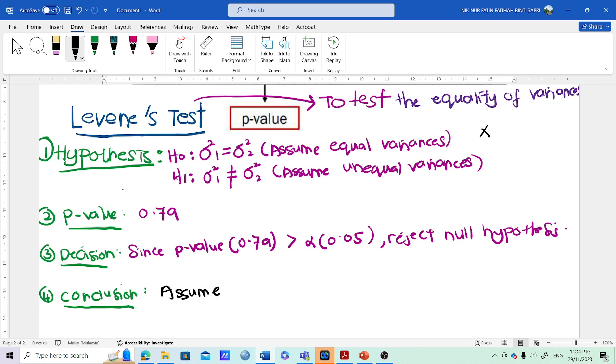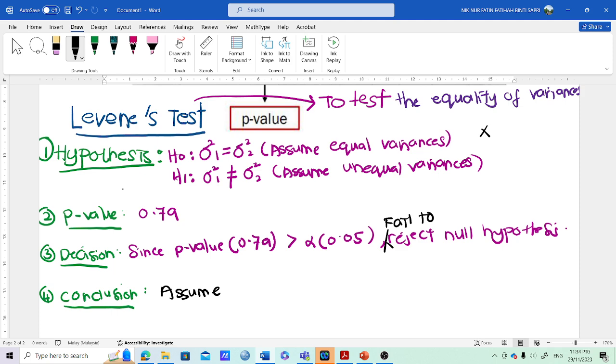If you fail to reject the null hypothesis, that is when the p-value is greater than alpha. If the p-value is less than alpha, we reject the null hypothesis. Again, p-value greater than alpha, we fail to reject; p-value less than alpha, we reject the null hypothesis.